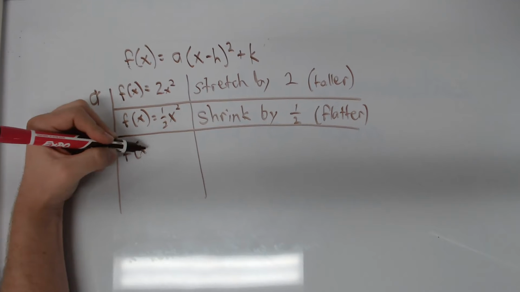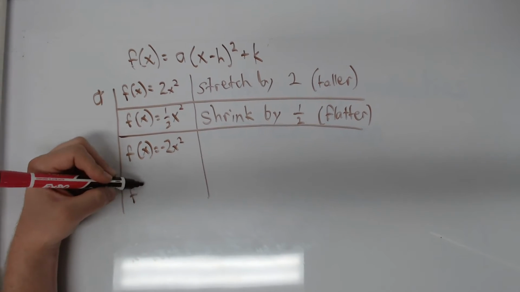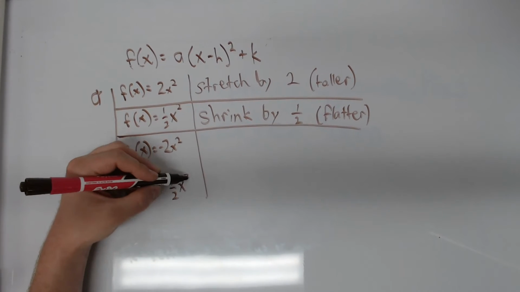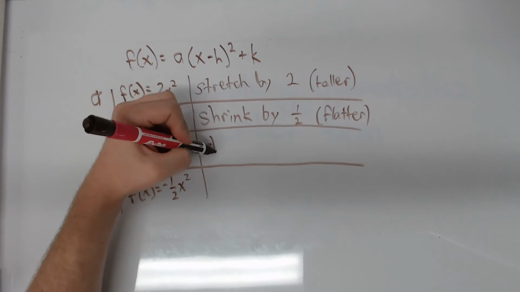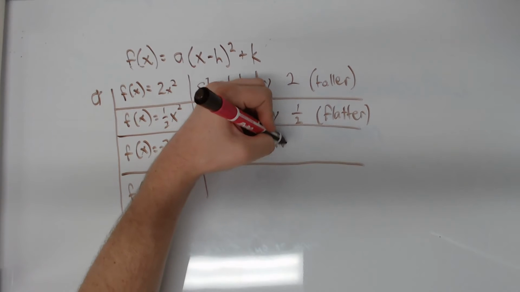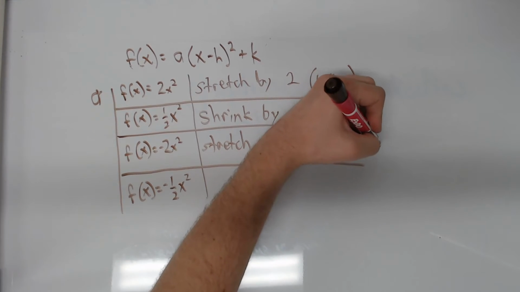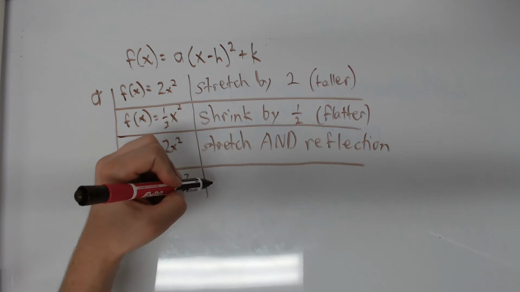The other two options are negative 2x squared and negative 1/2 x squared. So these are going to be the same descriptions. So this is going to be a stretch, but it's also going to be a reflection. So when you see a negative a value, it's always going to be a vertical reflection. So it's going to flip upside down.